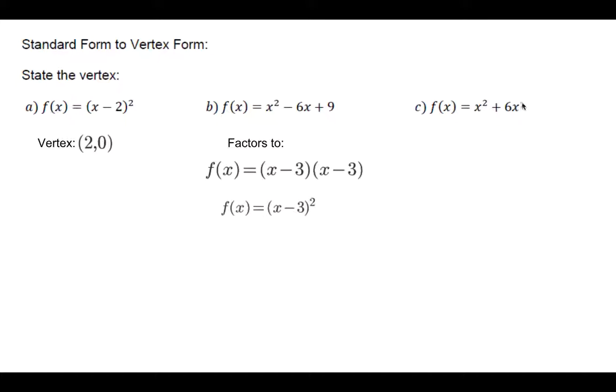But what we want to do is highlight the fact that if that number on the end, it's 0 right now, if there was a 9 there, we could actually factor it just like this. So I actually just put a 9 on there. But then the question, it's always funny, can you just add a 9? No, you can't. That's illegal. And so you'd have to subtract the 9 right away.